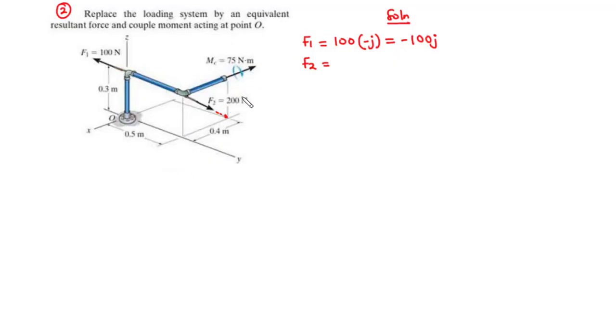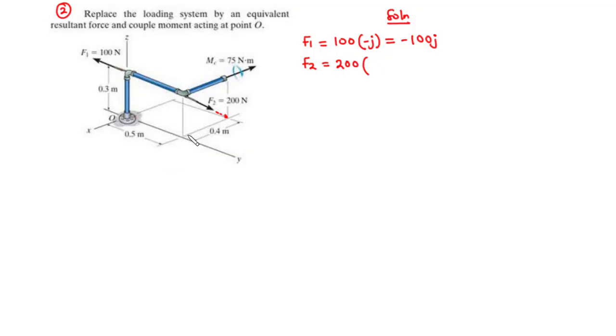And so we are going to have the magnitude of F2, which is 200, times the unit vector directed along F2. So from this point, we move some distance along the z-axis, and then downwards means that we are going to have a negative value. So that's going to be negative 0.3k.